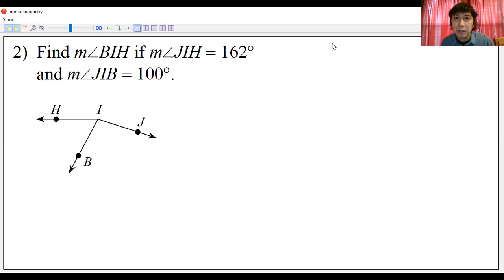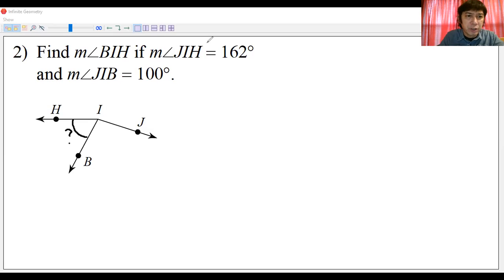Let's examine the unknown. The measure of BIH will be this one. We're asked to get this.